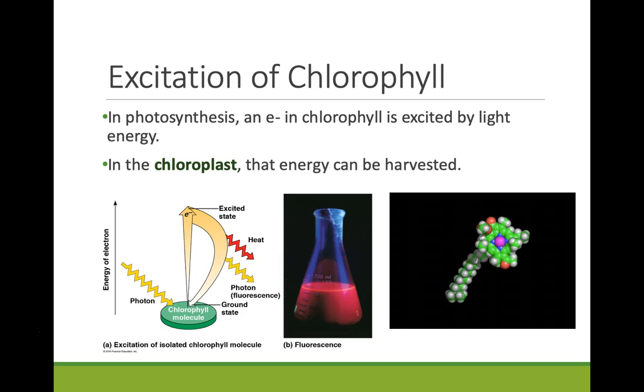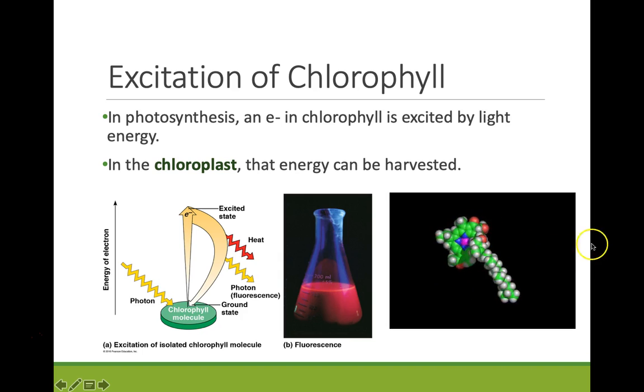That image there in the middle shows a flask full of fluorescing chloroplasts. So energy has been applied to the system, and the chlorophyll molecules have been excited, and so they're emitting this glow. On the right, we just have a molecule. I can turn it here.